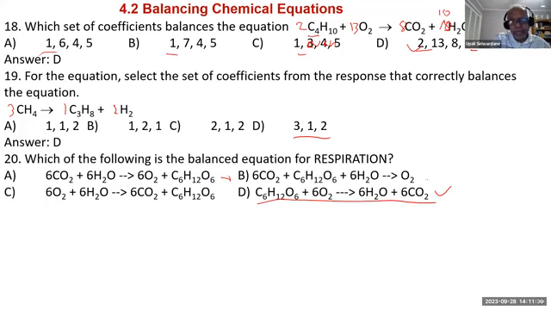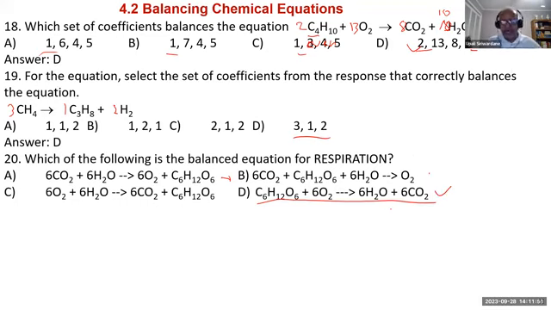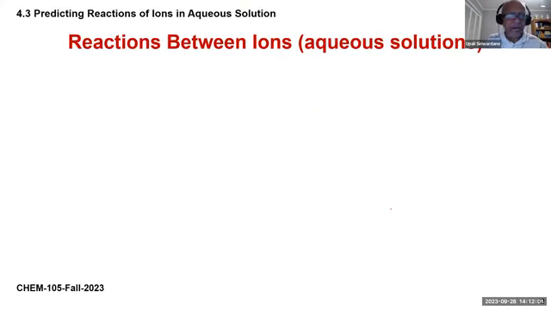This is something else. It's not respiration. Therefore, the answer is respiration is the breaking down of glucose with oxygen to carbon dioxide. The idea is you check the atomic balance. D is the correct answer.